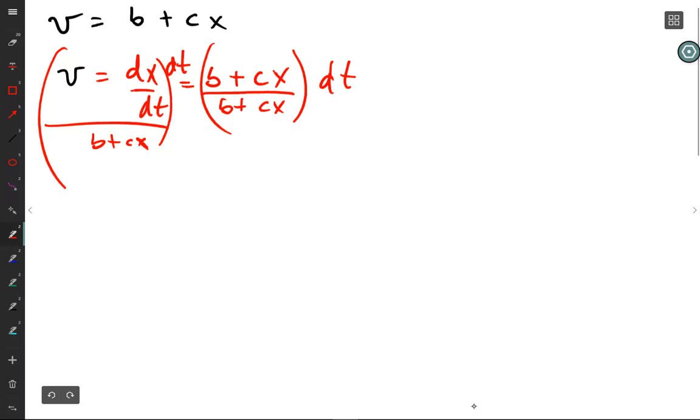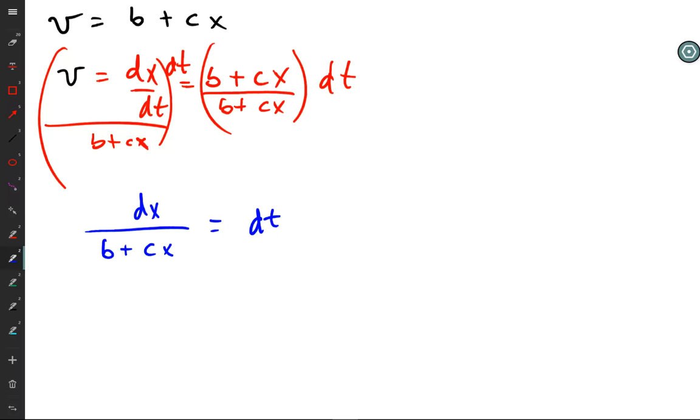And so what that gives me, I know my work here looks a little sloppy now, is dx over b plus cx is equal to dt. Okay, so we've separated variables successfully. Once you separate variables, it's always the same next step. And what's that?